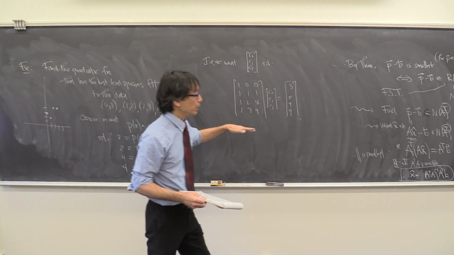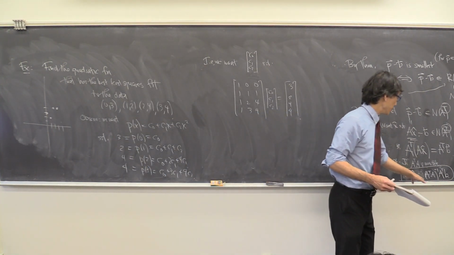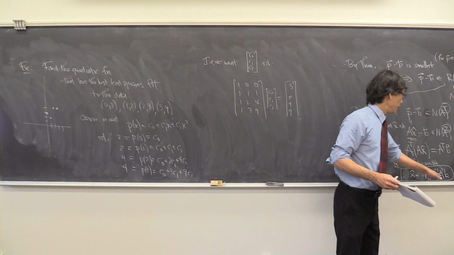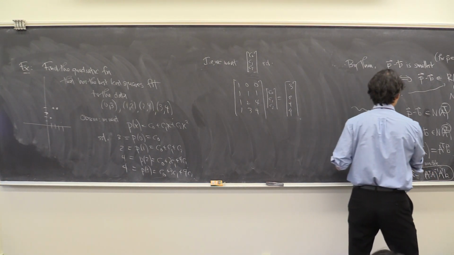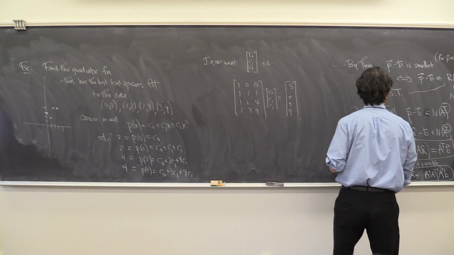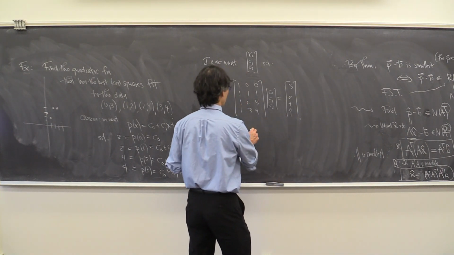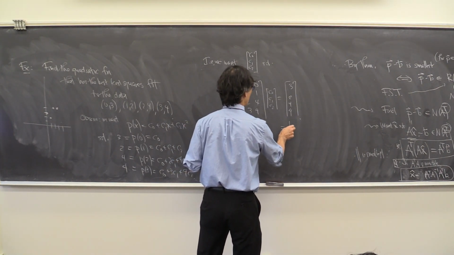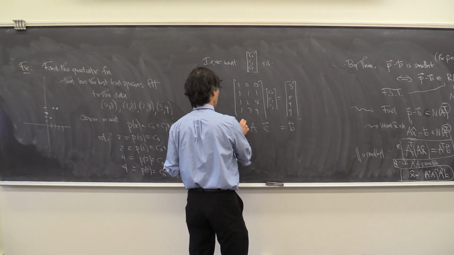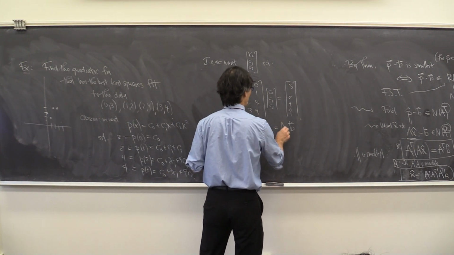So what we do is we change it to this problem. This is our AC equals B, and we change it to ATAC equals ATB.